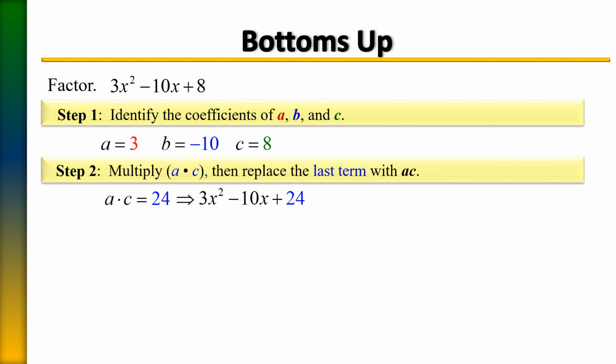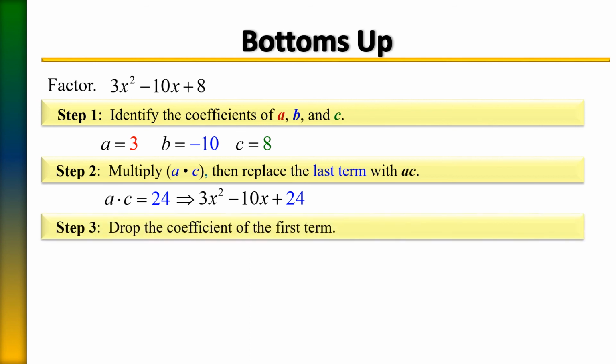The next thing you're going to do is drop the coefficient of the first term. So recall the coefficient of A was 3. We're going to drop that 3. We're not dropping the x squared, we're just dropping the 3.